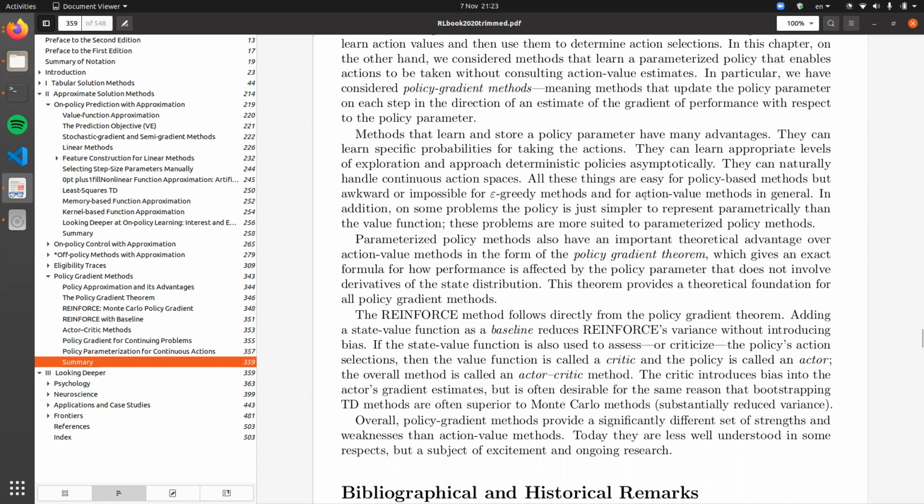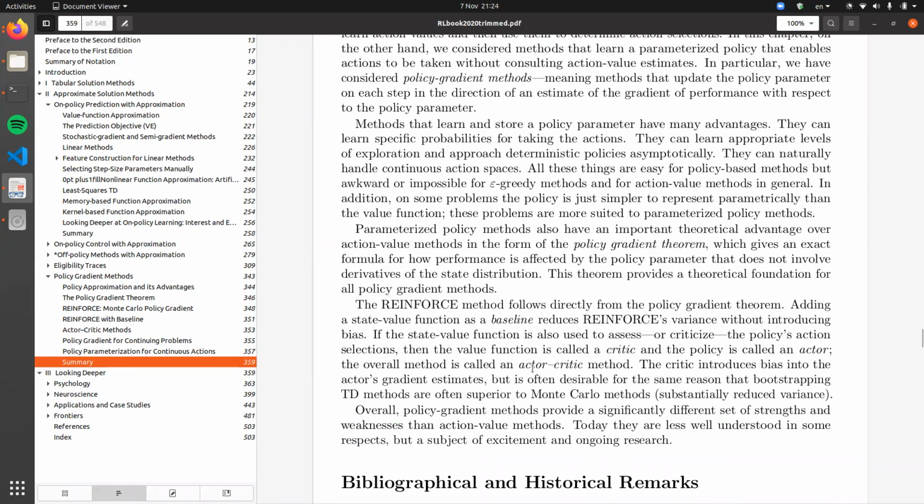Exploration is also very different in this case, because we can output probabilities over actions, so rather than having to stick to epsilon-greedy for exploration, we can approach deterministic policies asymptotically while using the policy parameter approximation.